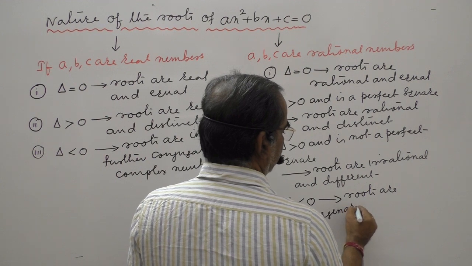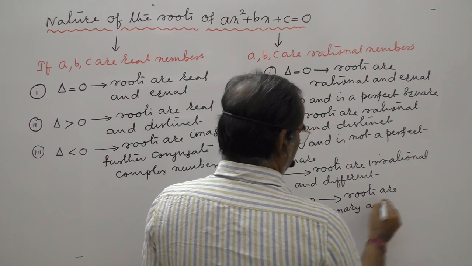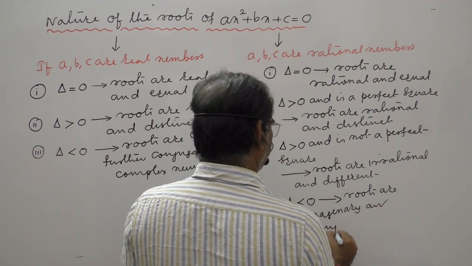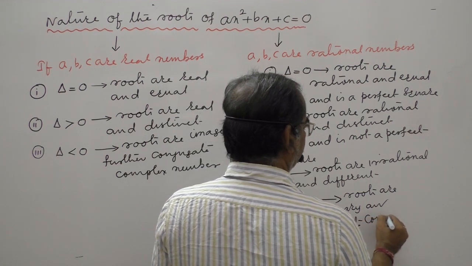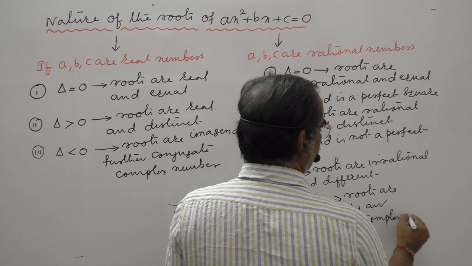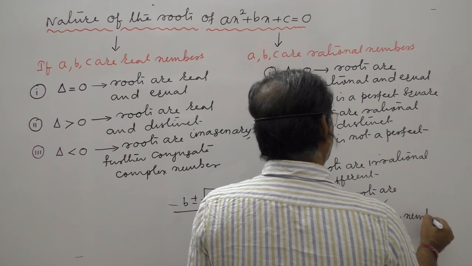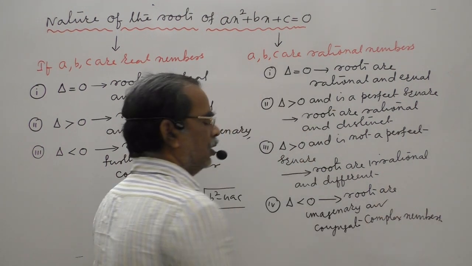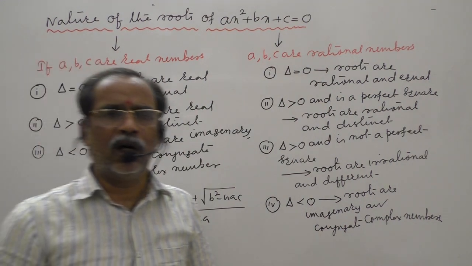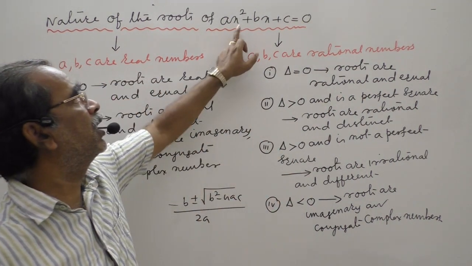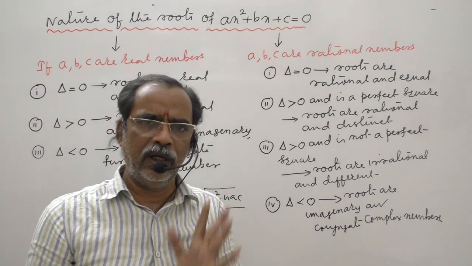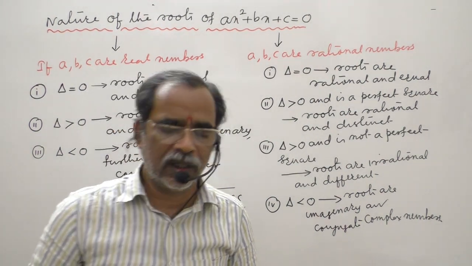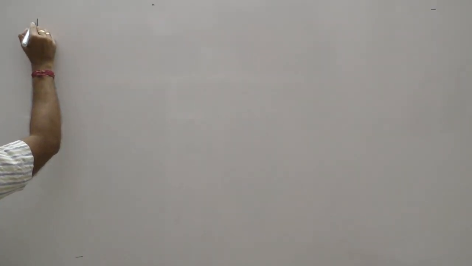Roots are imaginary and conjugate complex numbers. Yes, this is about the nature of the roots of the quadratic equation ax square plus bx plus c equal to 0.